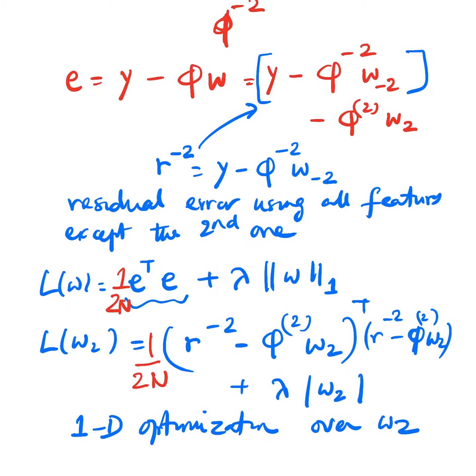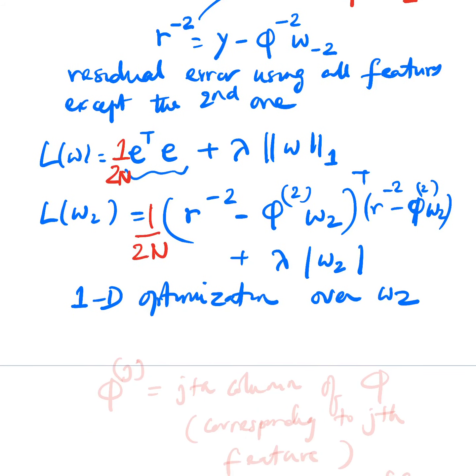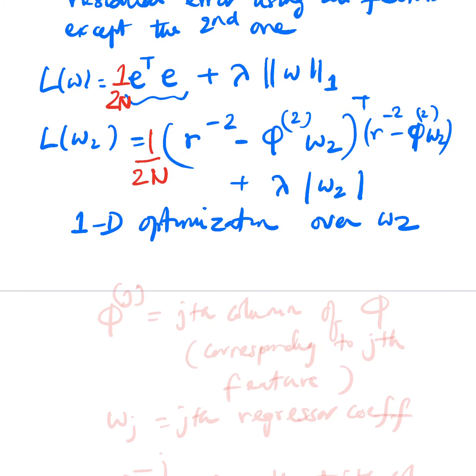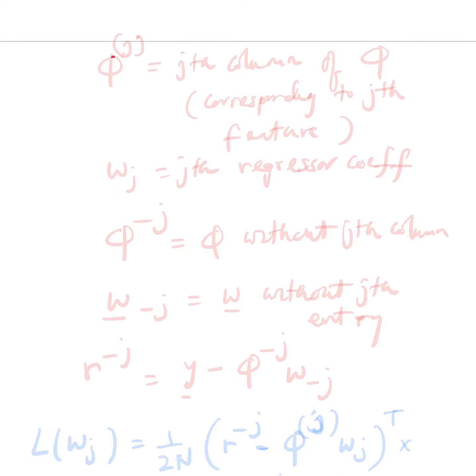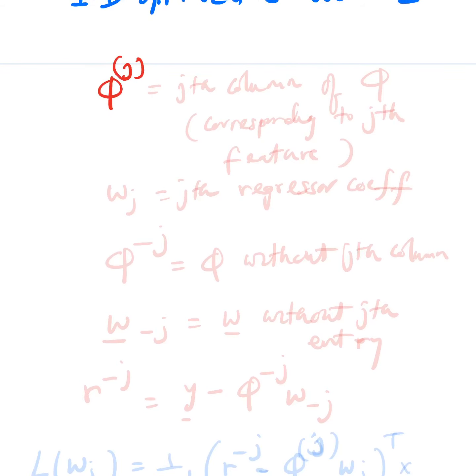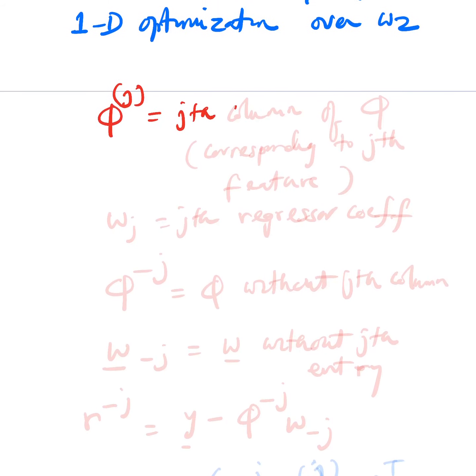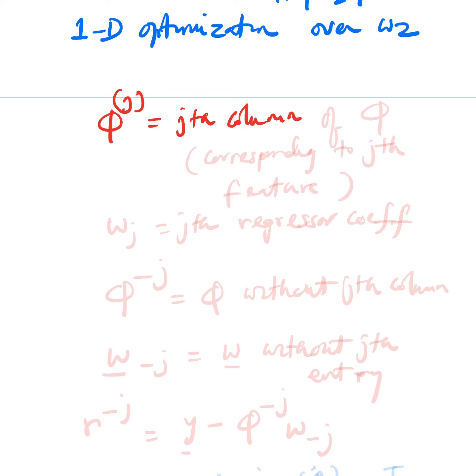Okay? So we tried to get these concepts down using that example, but let me just restate generally what the notation is, right? So basically phi of j is the jth column of phi, corresponding to the jth feature.